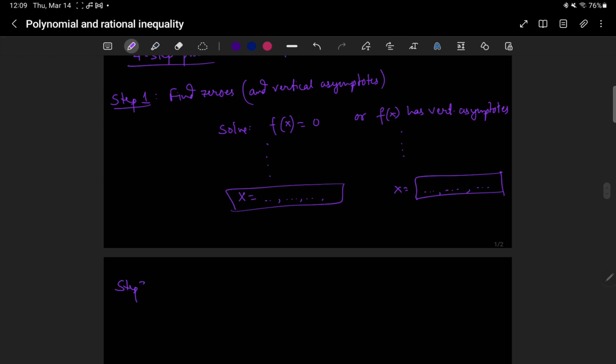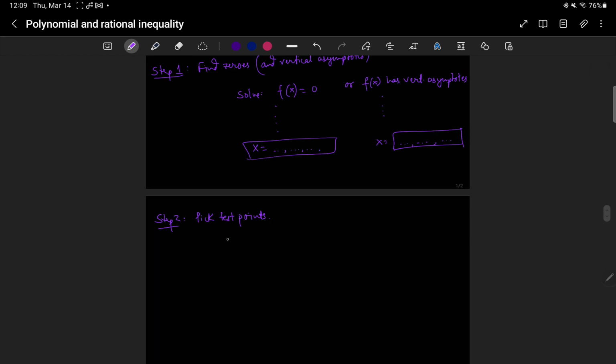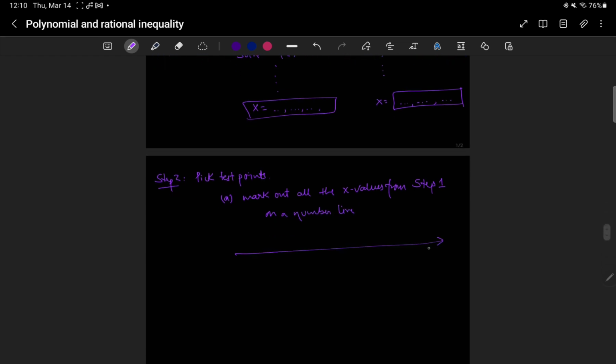Step 2 is what are called picking test points. To do that, we have 2 sub-processes. First, mark out all the x values from step 1 on a number line. So depending on however many ones you get, just mark them out.